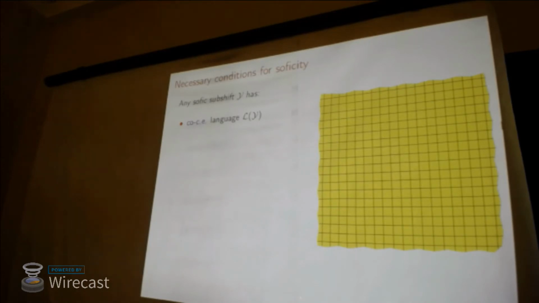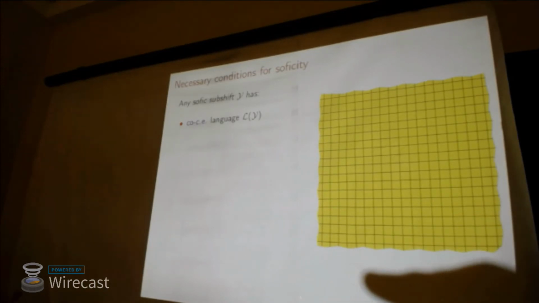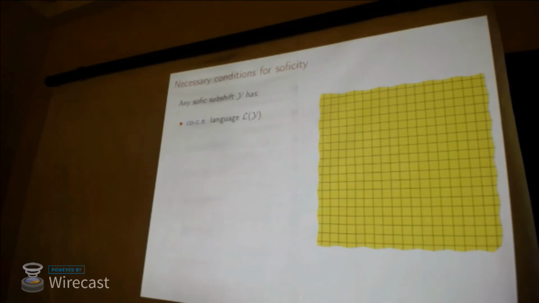So what are the necessary conditions for a two-dimensional Sofic subshift? We saw that they must have co-enumerable language. Actually, we saw this on SFT, but it's not difficult to see that it's preserved by projection. Also, there is a condition on infinitary communication complexity.